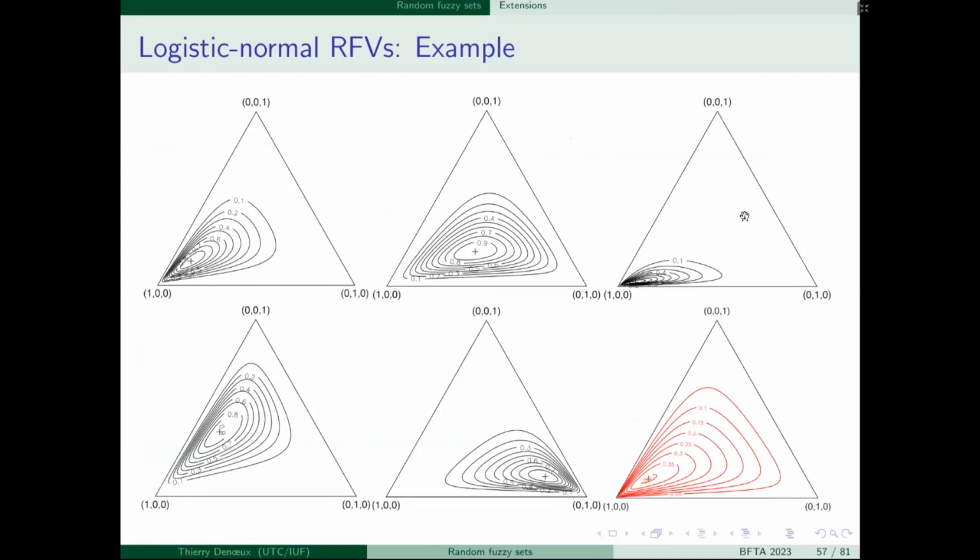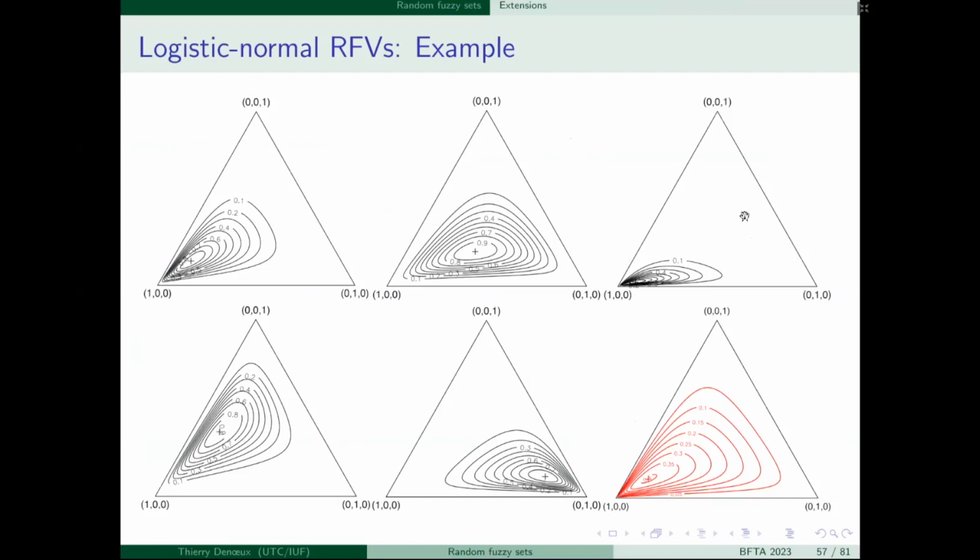And here I have contours of some fuzzy focal sets, and this is a contour function of that. So you can define in an easy way, and work with, a belief function on the probability simplex.